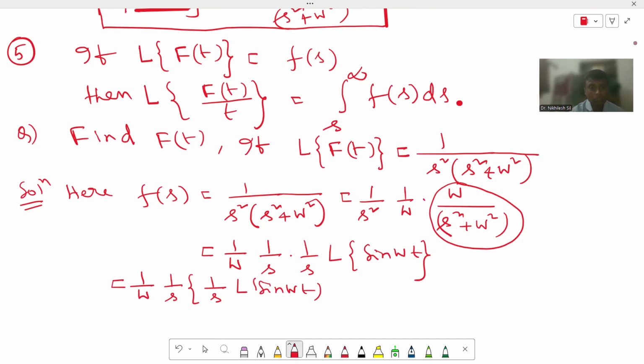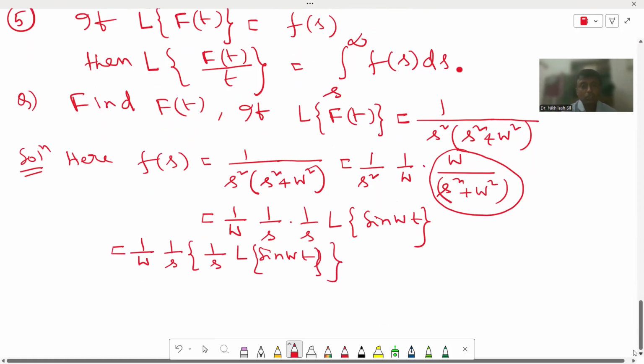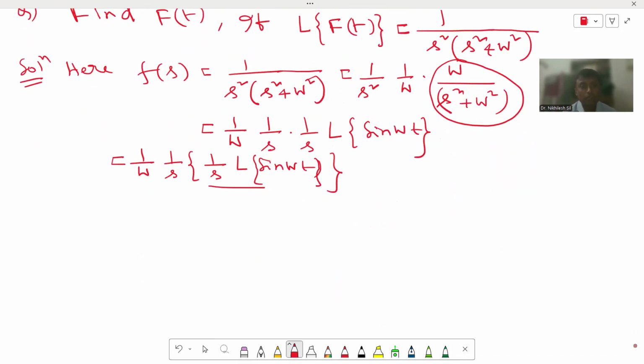Okay, slowly we will complete the solution. So it is 1 by s L of f(t), equal to 1 by omega into 1 by s into Laplace of the integration from 0 to t of f(t) dt. So what is f(t)?